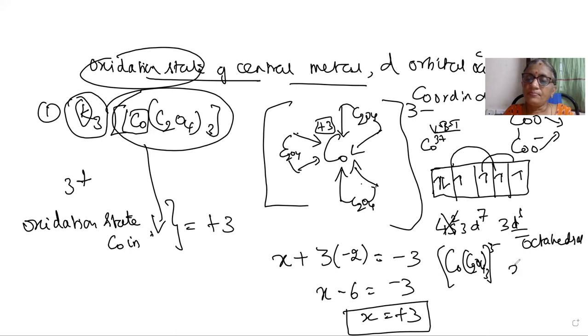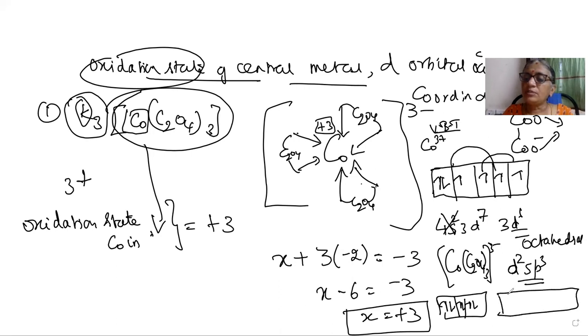So it will undergo d2sp3 hybridization. When these electrons are force paired, the d orbital occupation is 2, 2, 2 here, and the d2sp3 hybrid orbitals will have pairs of electrons.